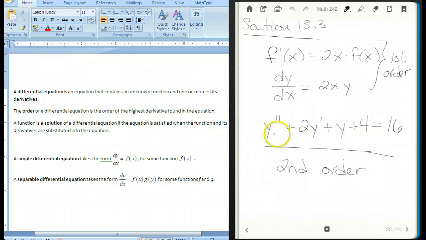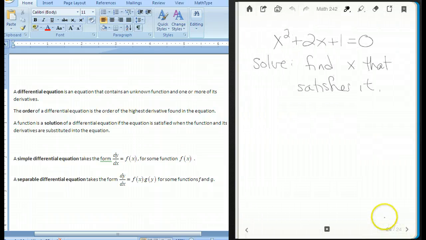For example, this second order equation says that if you plugged its second derivative here as an expression, its first derivative here, and the function itself here, and worked all of that out in terms of arithmetic, you would get 16. Maybe all the variables would cancel and you would just get a number as a result. So we can do similar things with these differential equations that we've done with regular equations, and that involves solving them.